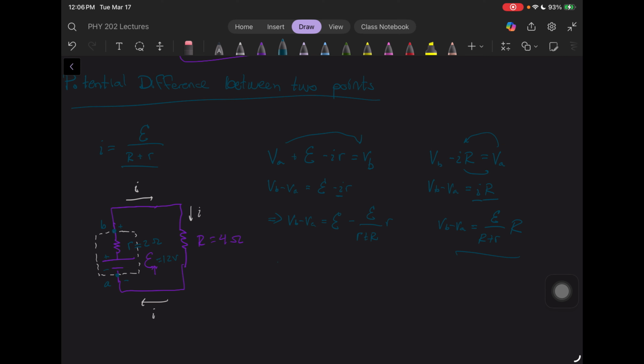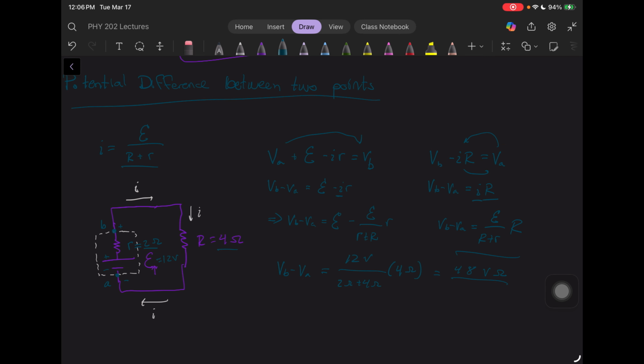So VB minus VA is equal to epsilon, 12 volts, over R plus r, so that's going to be 2 plus 4, well, we'll just write it out. And then times big R, which we had as 4 ohms. And so up top we can get a 48, we'll call that volt ohms.